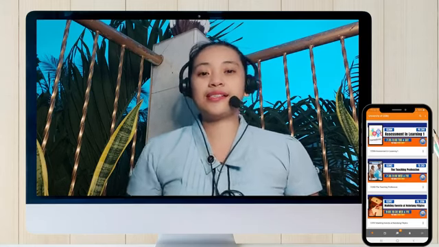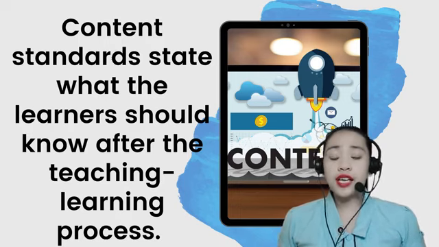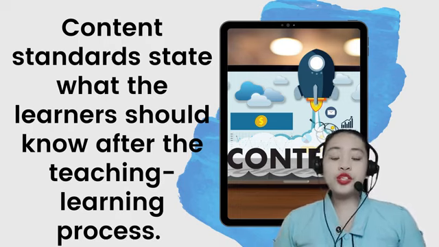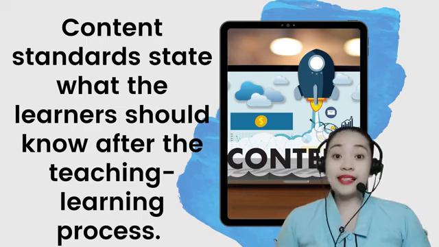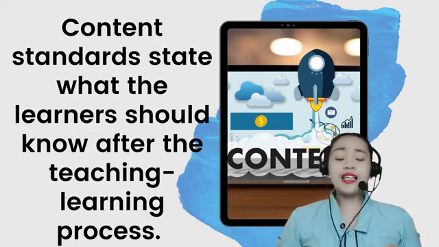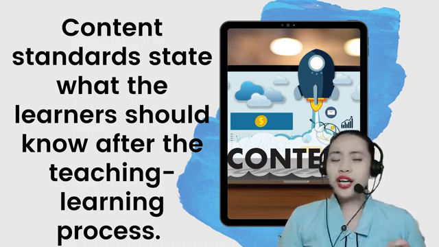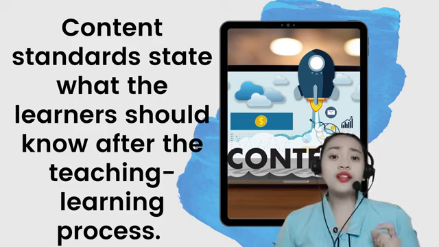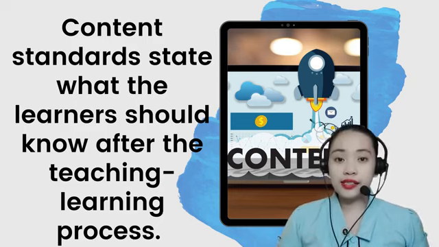performance standards. Broad statements that describe specific content areas that groups of students should learn at each grade level are called content standards. They define the knowledge within each discipline. Content standards state what the learner should know after the teaching-learning process.